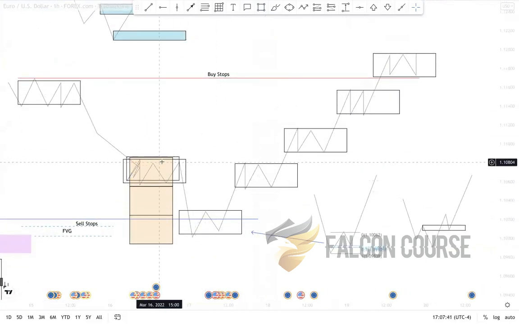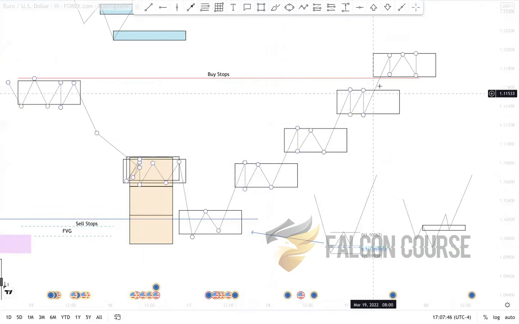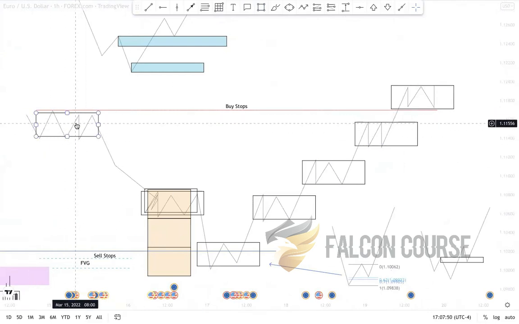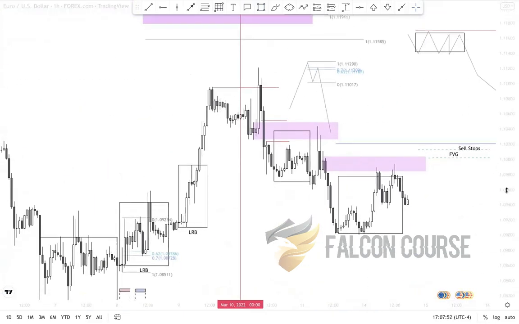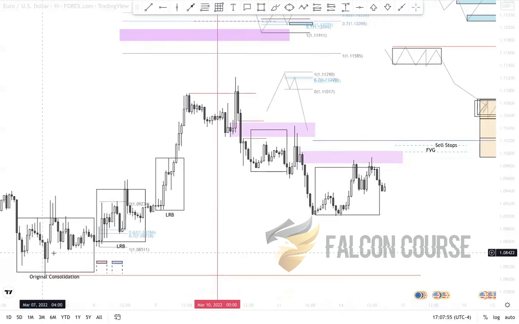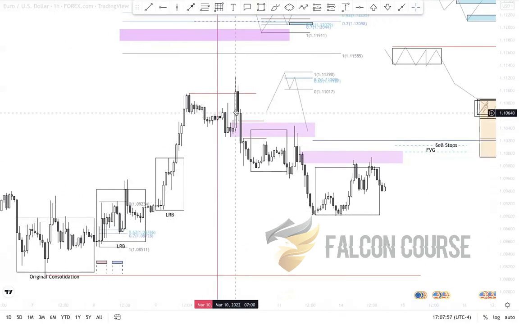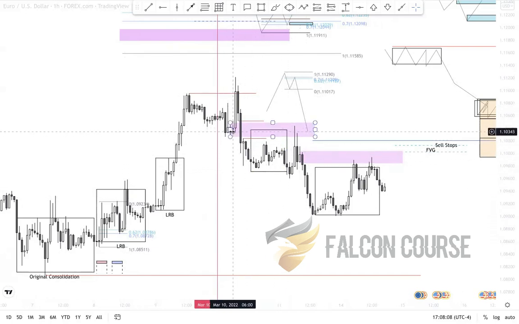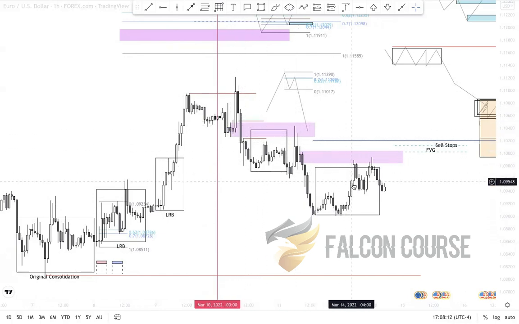And this is what I tried to explain. So once this is completed, we're gonna have a low risk buy, another low risk buy, until we start moving above the original consolidation. And basically this is the same thing what you see here. We had the original consolidation coming all the way up here to the smart money reversal, and then we basically switch direction, and here we have the low risk sell. See that? Breaker, fair value gap right there.